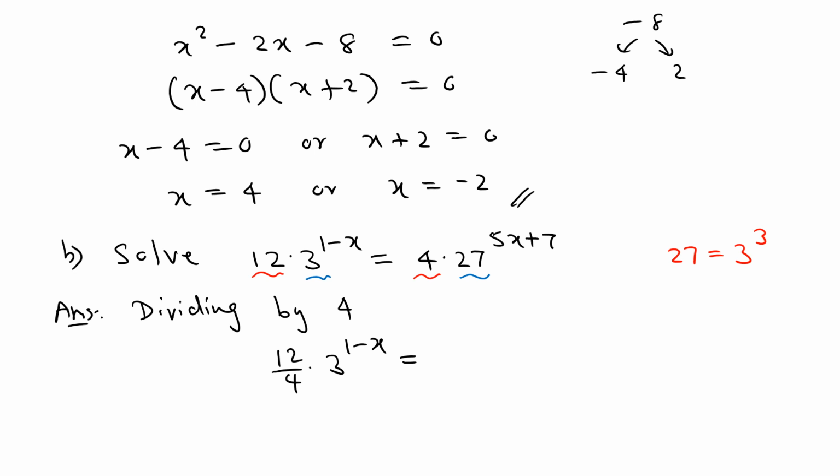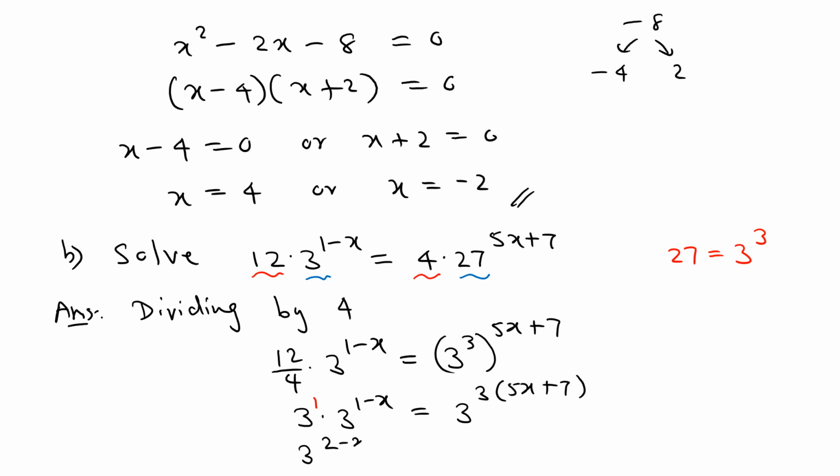And the 27 you can replace by 3 cubed, that's 27, to the 5x plus 7. 12 over 4 means 3, so you can read this as 3 times 3 to the 1 minus x equal, as we did before, 3 to the 3 times 5x plus 7. Now 3 means 3 to the 1. So at the index, you can rewrite this as 3 to the 2 minus x on this side, because you can add the two indices.